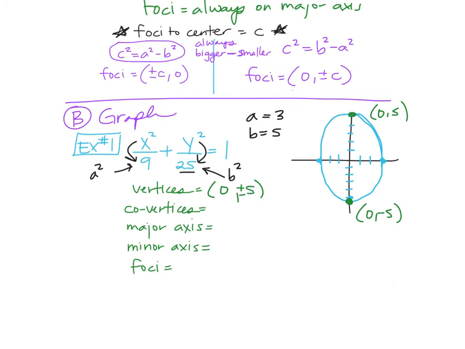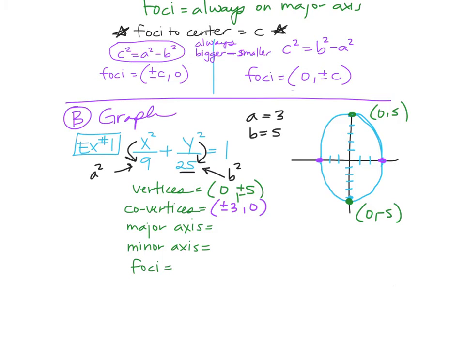Now I don't care if you write it as 0, 5 and 0, -5. I'm just trying to save you a step here. Your covertices, those are the ones that are closer to the center. So that's going to be these 2 points, which are going to be a distance of 3. So it's plus or minus 3, 0 for our covertices.